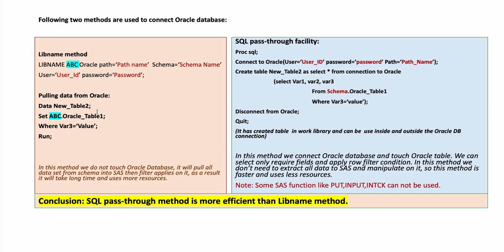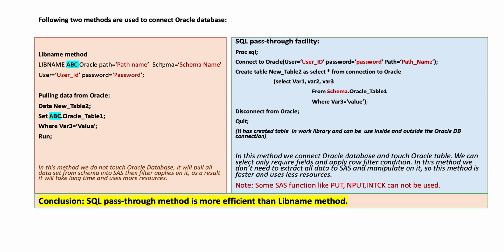Let me explain the first method, that is the libname method. The syntax is given here. Libname, we have to provide a library name. Suppose it is ABC. This name can hold a maximum of 8 characters. Then we need to provide the Oracle path, path name, schema, schema name, user, user ID, password, password.